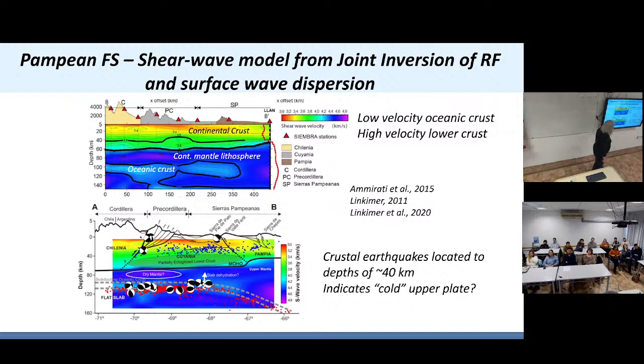And again, he was able to image a pretty good oceanic crust going across. And one thing you'll notice, again, is with the crustal earthquakes from Leopold's study, a lot of them are right above the flat slab, and then you can see some of the earthquakes start to dive down. So we can see where the slab starts to resubduct.